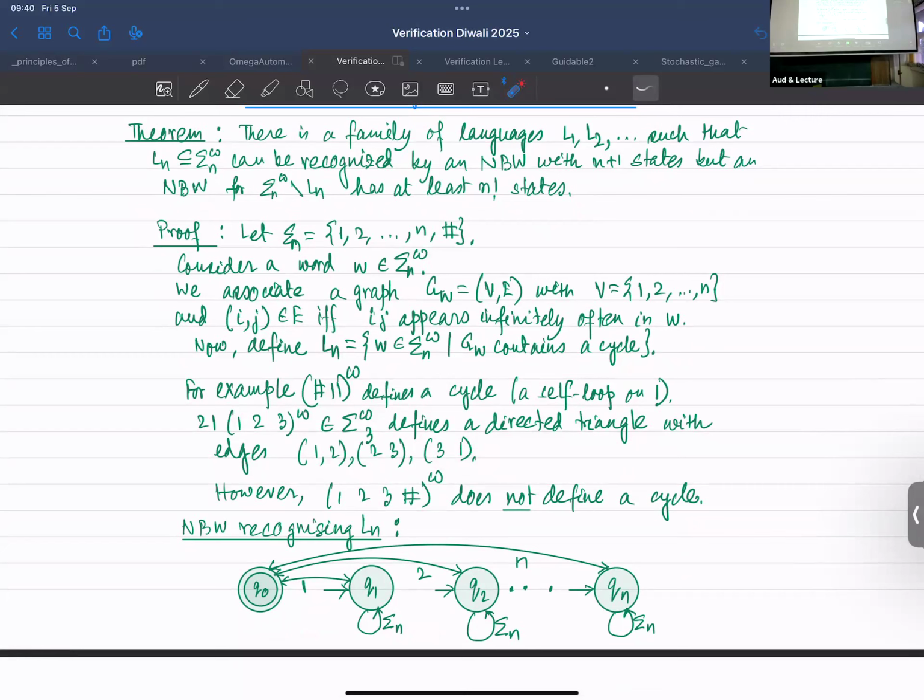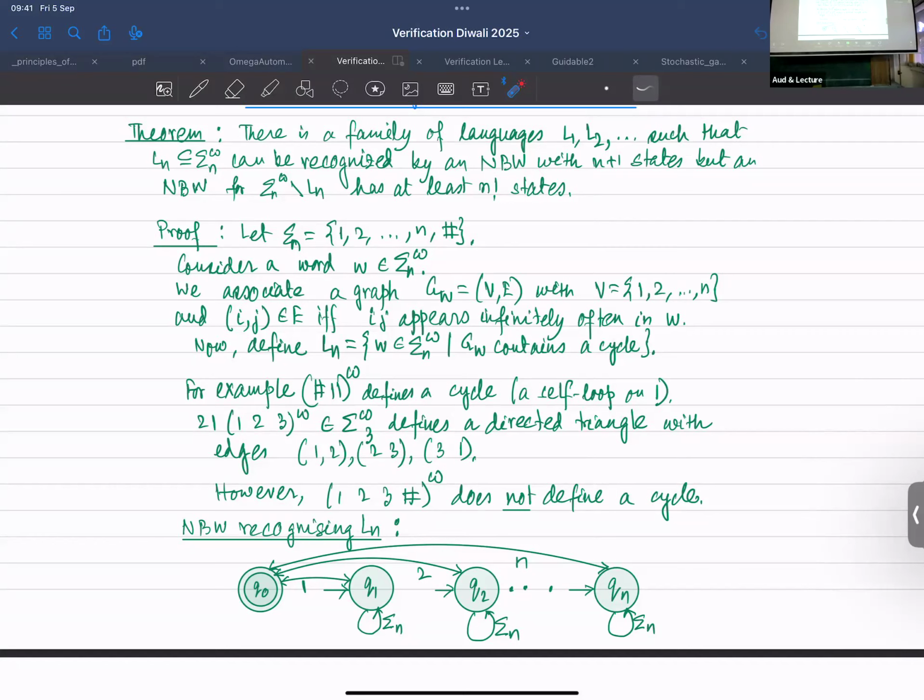Here we are saying that if we have such a family of languages L_n, a subset of sigma_n to the omega, where the size of the alphabet is also a function of n, and if this can be recognized by an NBW with n plus 1 states, then every NBW which accepts the complement language will have at least n factorial states.